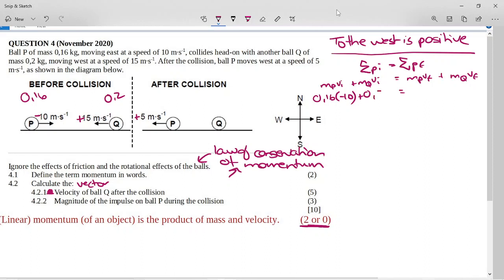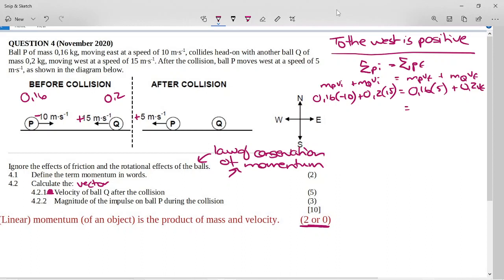And here, this is 0,2 times positive 15 because we said west is positive. Now my final velocity, this will be 0,16 mass for P multiplied by positive 5 plus 0,2, and that final velocity we're trying to calculate.